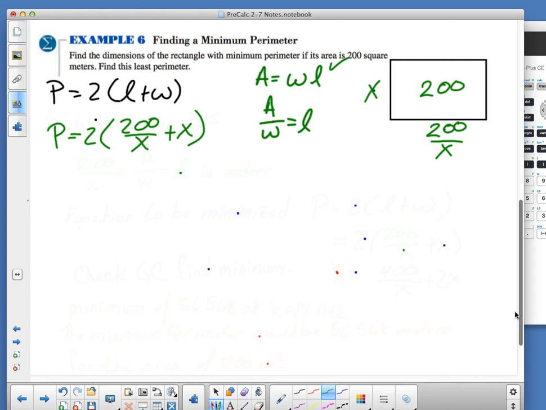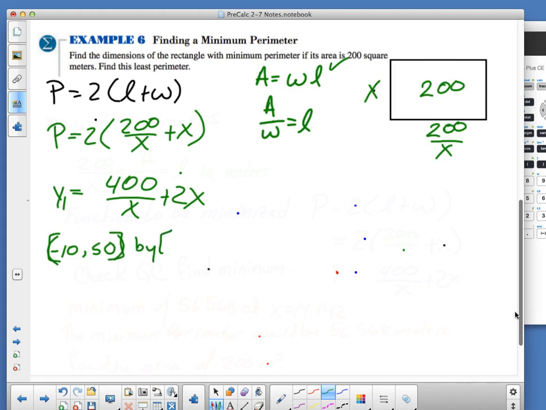Now in this case, I'm going to take my graphing calculator and put this in for Y1. Now I'm going to put in a window. I think I'm going to put in a window for X of -10 to 50.